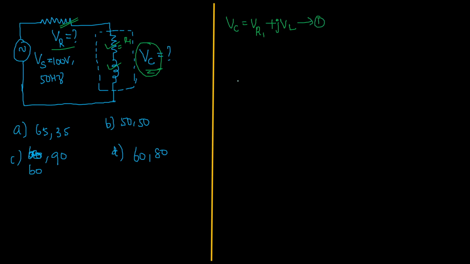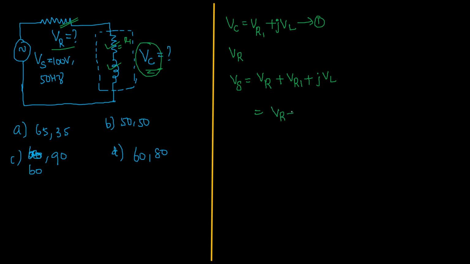Treat this as equation number 1. One more voltage is there, that is the voltage drop across the resistor. Now, the total supply voltage is written as the voltage drop across the resistor plus the voltage drop across the second resistor plus the voltage drop across the coil. Here we have to club the real part.